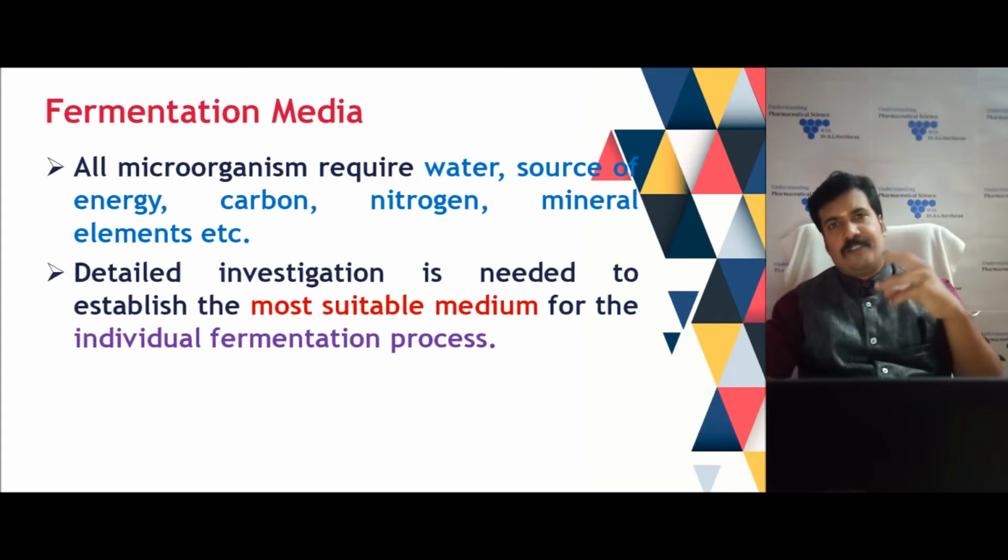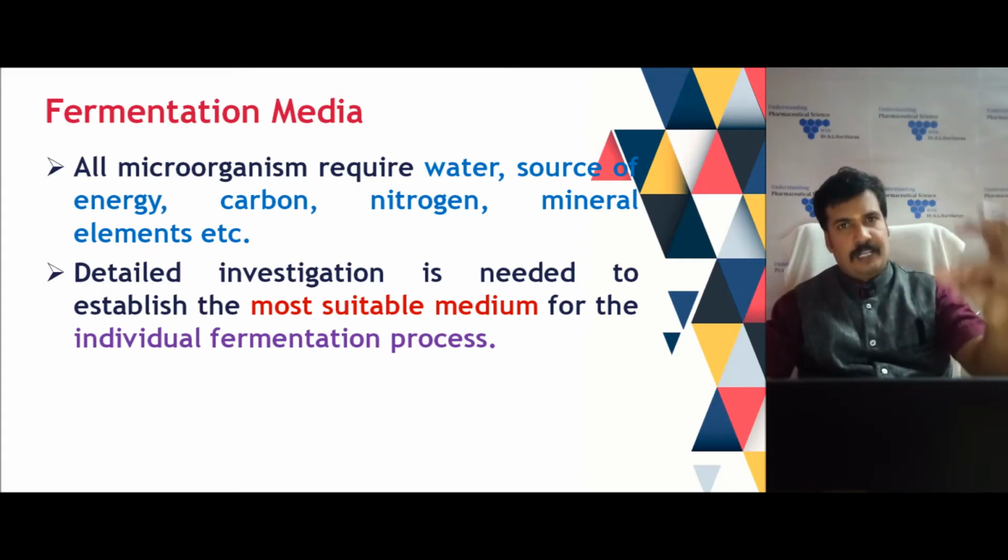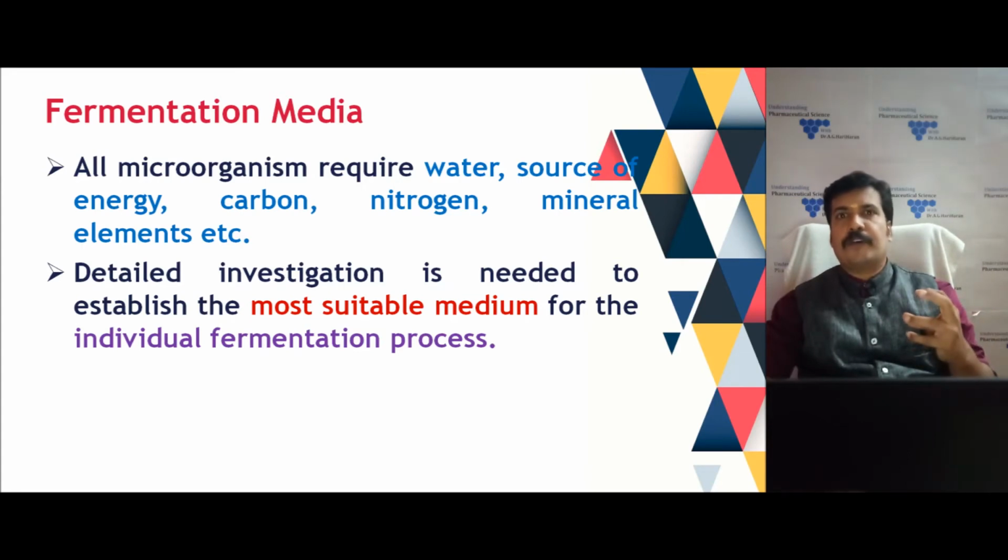Once we are designing a particular fermentation media, we have to understand the biochemical pathway. Thereby we can come up with a list of nutrients needed for the growth as well as for the product formation. For each individual fermentation process, we need a detailed investigation of its biochemical pathway, product formation and product stability; everything is analyzed until we design the most suitable medium.